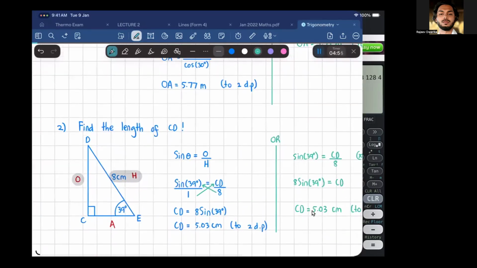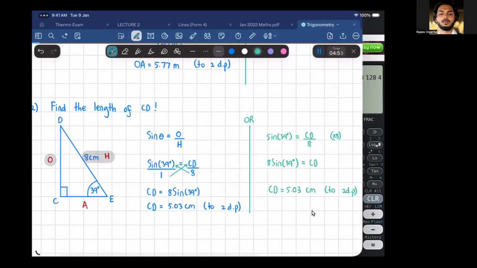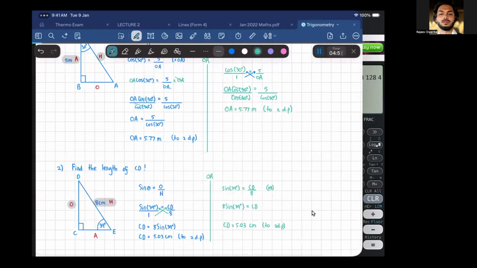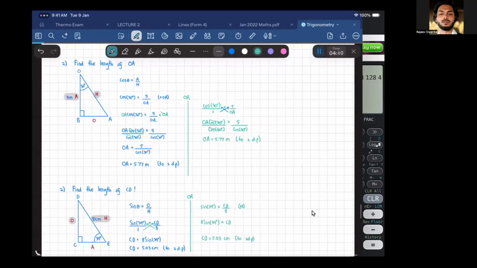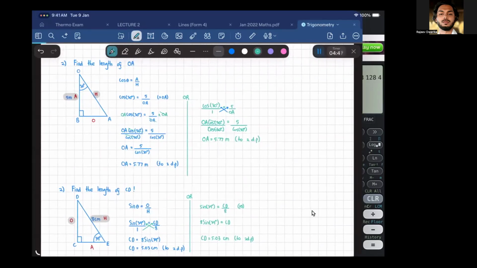All right. If you want to take a screenshot of this fast, I'll take a screenshot of the working for this so you can have it to reference.